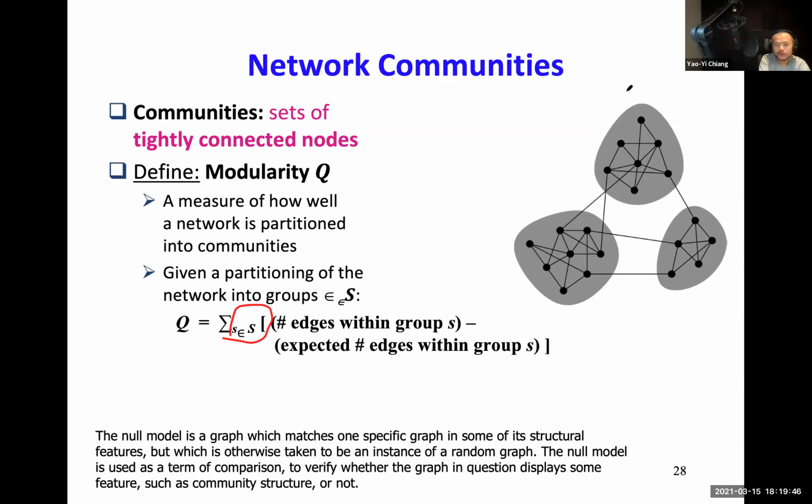How many S do we have? Well, if you ask to evaluate these three communities, your S will be 1 and 2 and 3. And the number of edges within the group S, this is your observation, right? You can count it. And the expected number of edges within the group, you have to be able to estimate this as expected number, right?